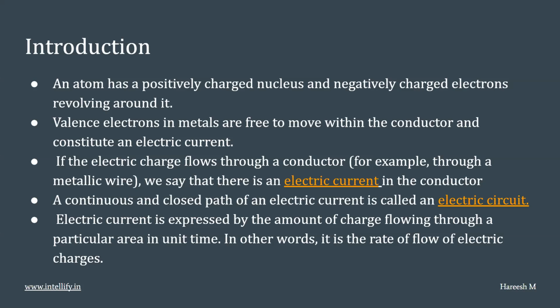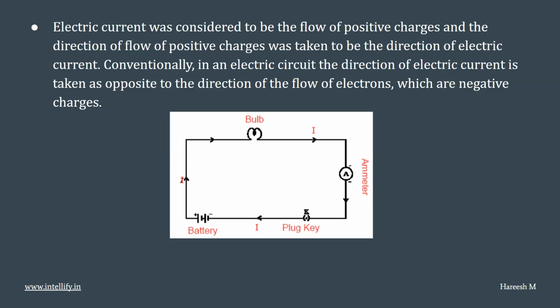Okay, let's move on. Electric current was considered to be the flow of positive charges, and the direction of flow of positive charges was taken to be the direction of electric current. When the electric current theory was proposed, electrons were not discovered, so they considered it to be in the direction of positive charge.